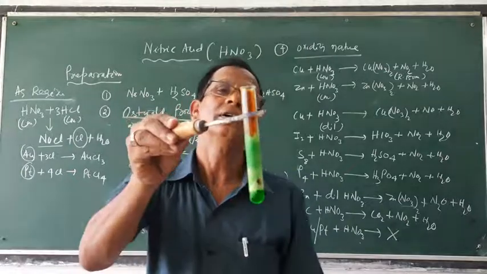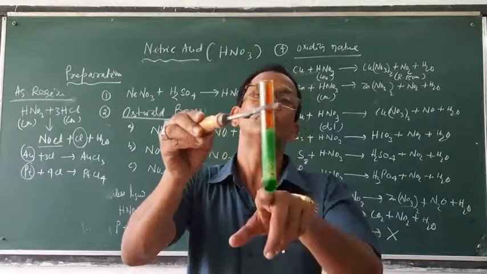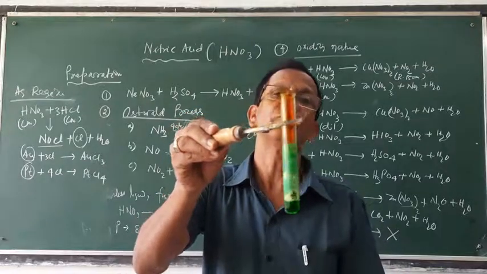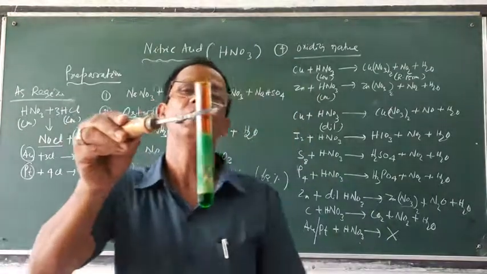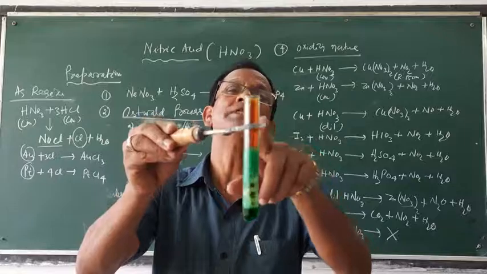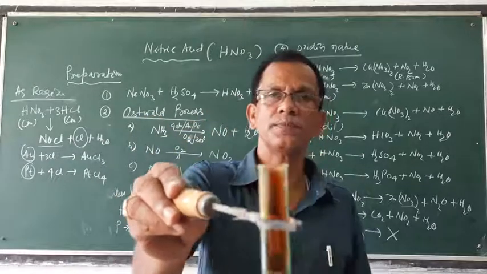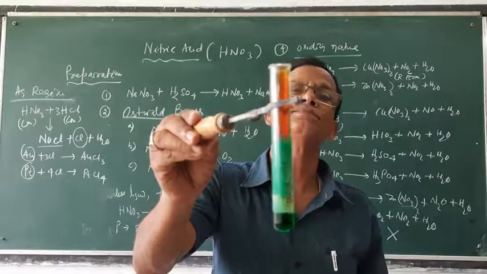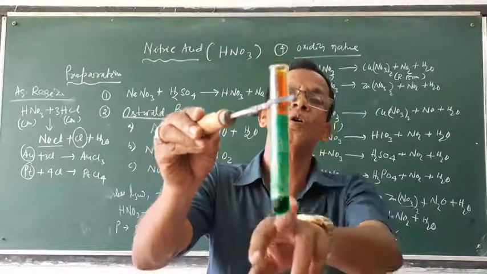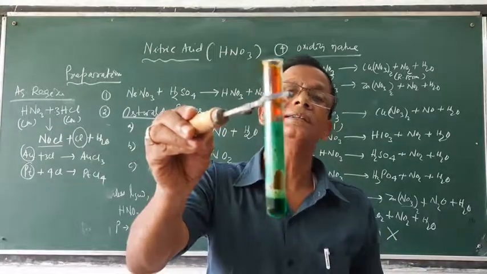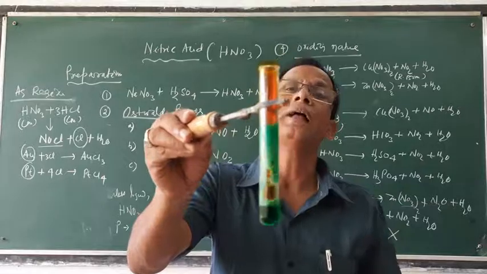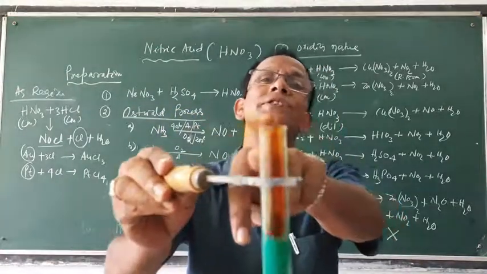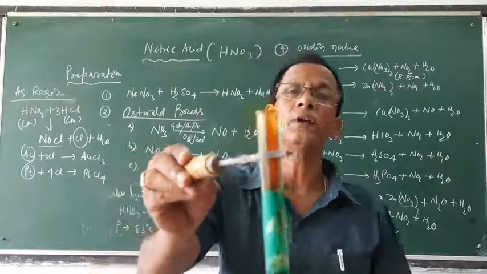You see, blue, greenish blue, copper nitrate is produced, and reddish brown fumes of NO2 gas are forming. Copper is converted to copper nitrate, that is greenish blue color, and the fumes produced are reddish brown NO2 gas.